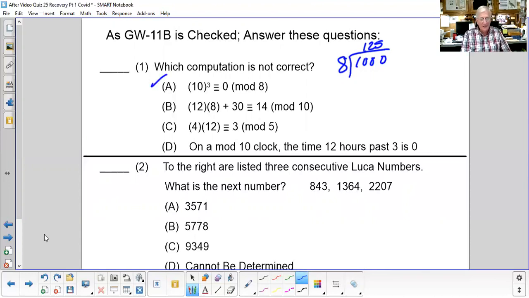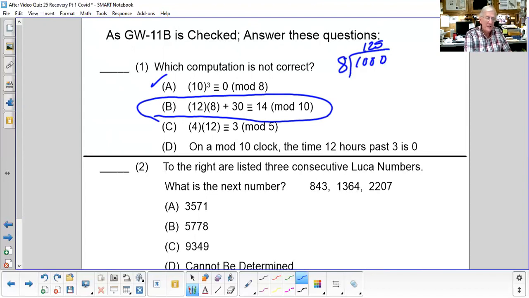All right, let's go to the second one. What is this number mod 10? Well, you know 8 times 12 in B there is 96, which is just 6. 30 is 0. 6 plus 0 is 6. So it appears that B is our correct answer. Now, just in case your teacher here screwed up, let's check out C and D. In C, what's 4 times 12?